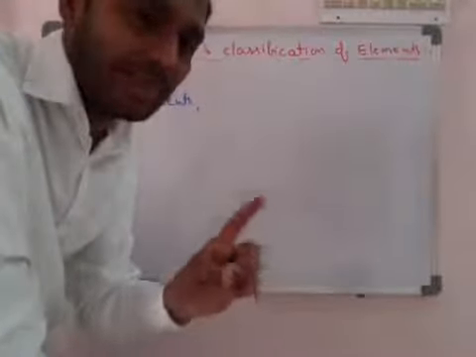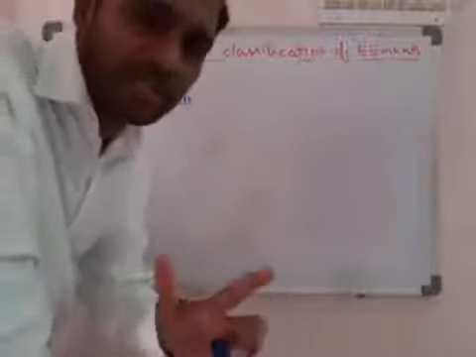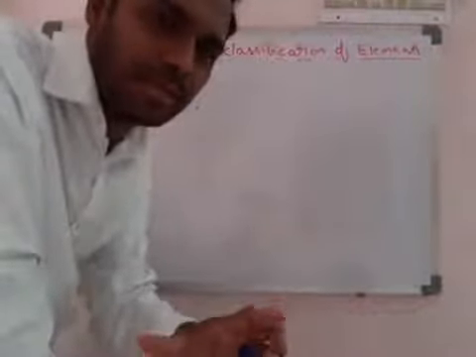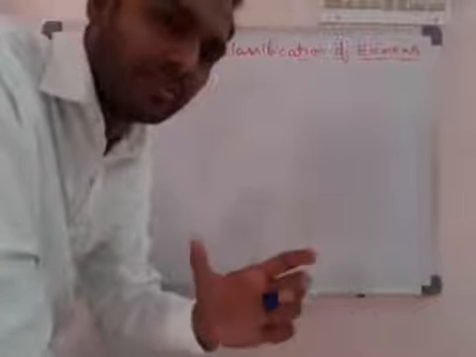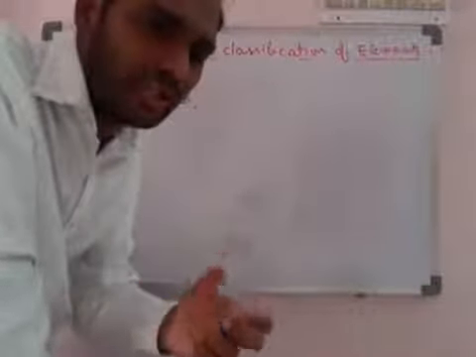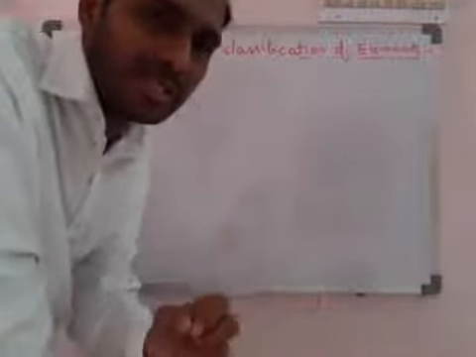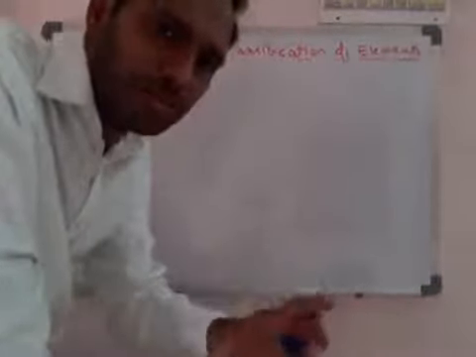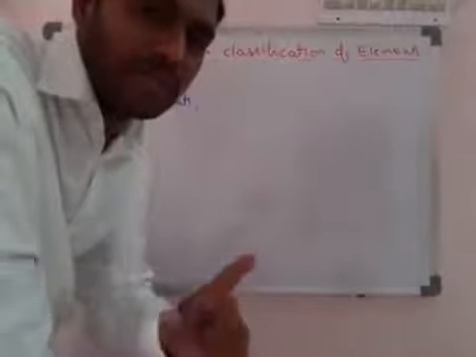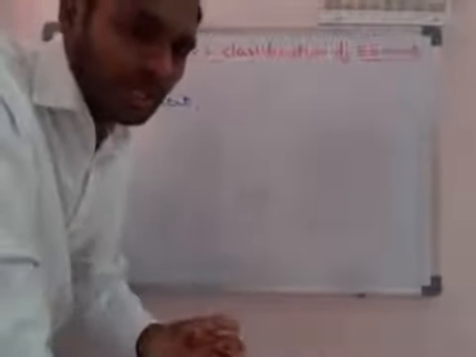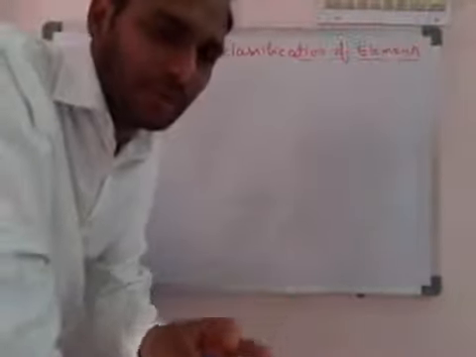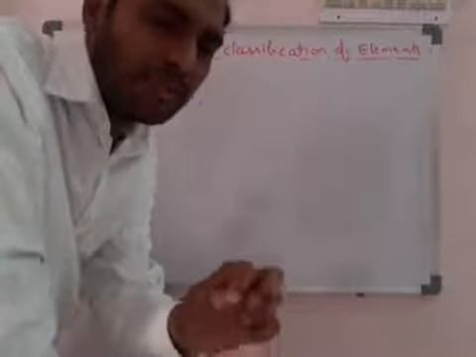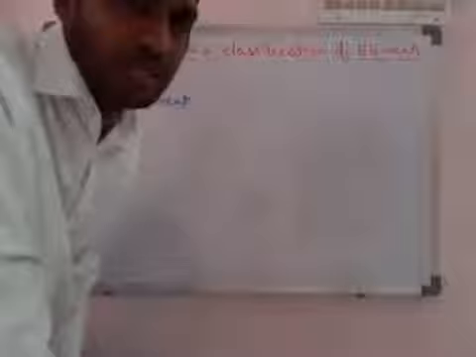But at that time, when Mendeleev gave his periodic table classification, only 63 elements existed. So he arranged those 63 elements in different positions. The basic thing he followed in this arrangement of elements is atomic weight, and the chemical properties.